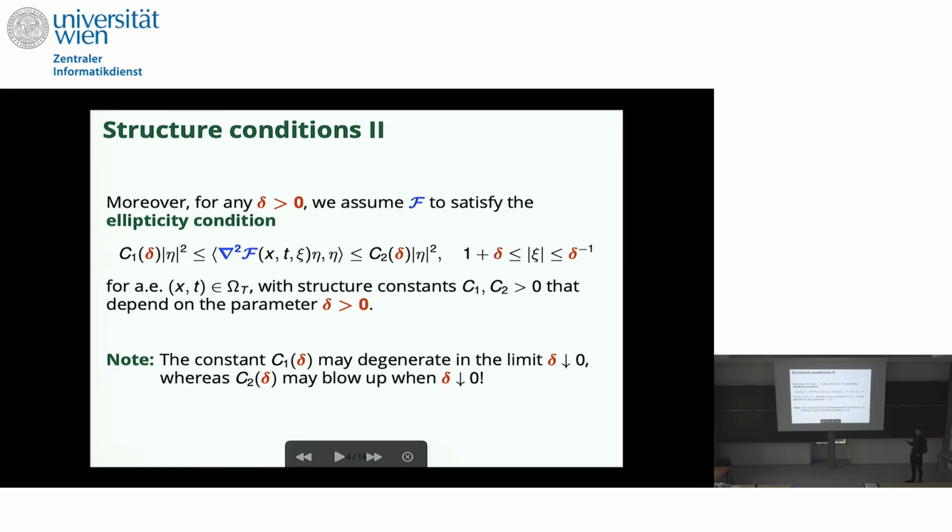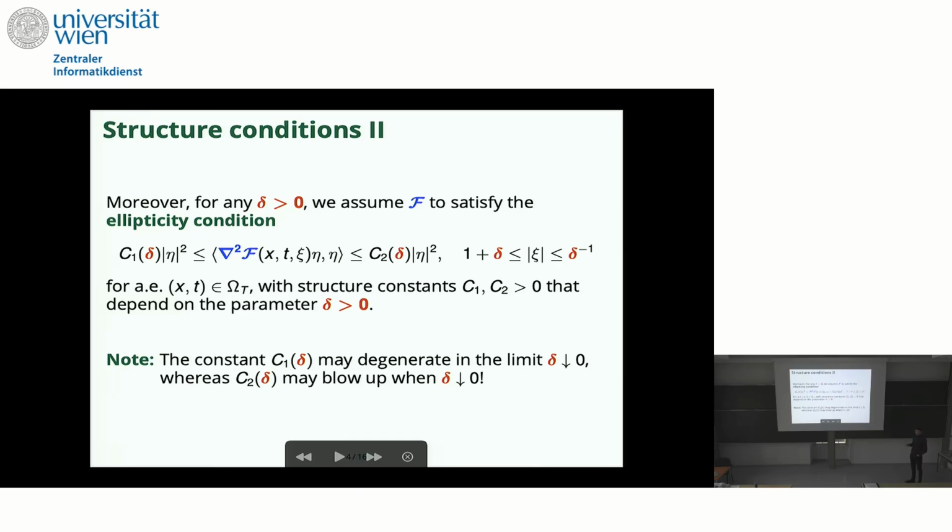So this is the problem set. As long as we have this lower bound for the modulus of ψ, 1 plus this arbitrarily small δ, in particular C1 and C2 are going to depend on this δ. And in general, we may lose ellipticity when we pass to the limit δ to 0, whereas, as I said, the Hessian is not assumed to be bounded globally, it's only a local bound, so this may blow up when δ approaches 0.